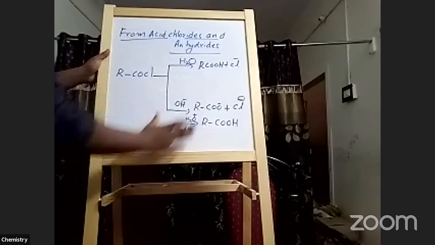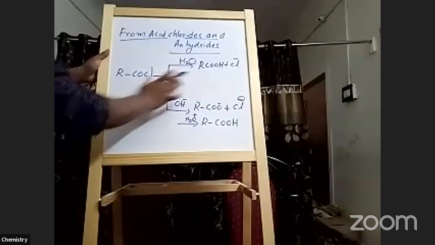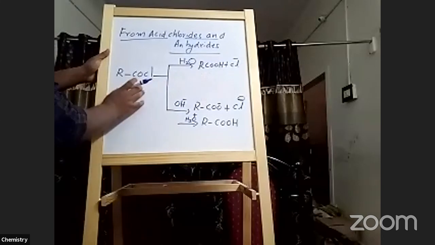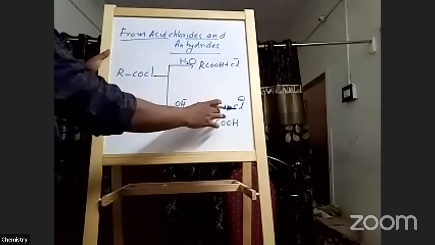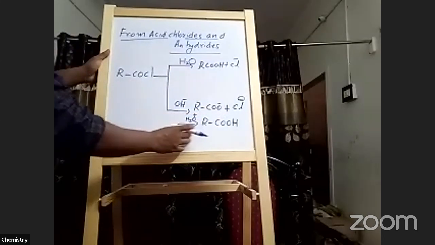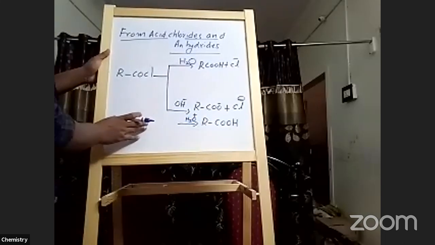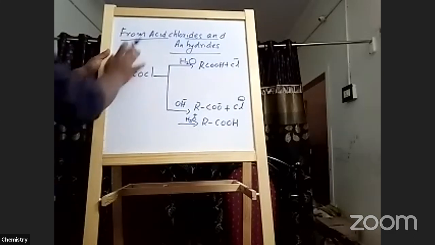You can write the two reactions. From water we get carboxylic acid, and from OH minus we get the carboxylate ion, and on further hydrolysis carboxylic acid. So this is the preparation of carboxylic acid from acid chlorides.